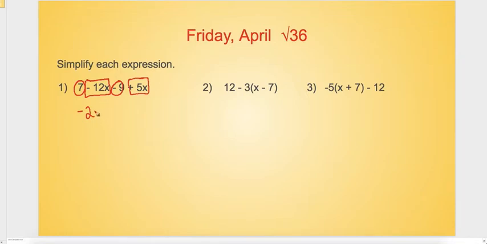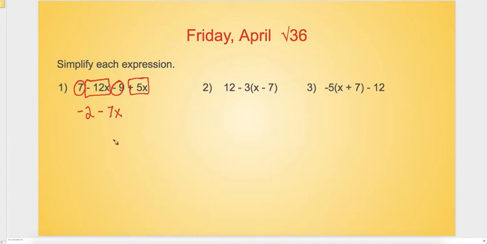Because it's negative, I can just write minus 7x. I could also write plus negative 7x. It's the same thing, but when you get to algebra, you will see plus negative, and you will see minus. So negative 2 minus 7x.